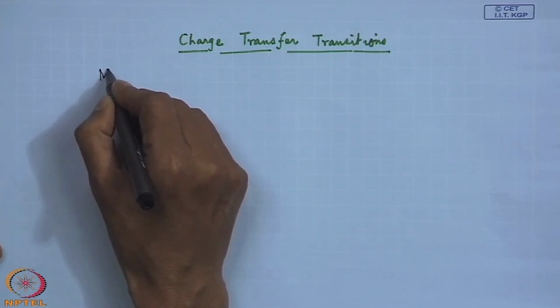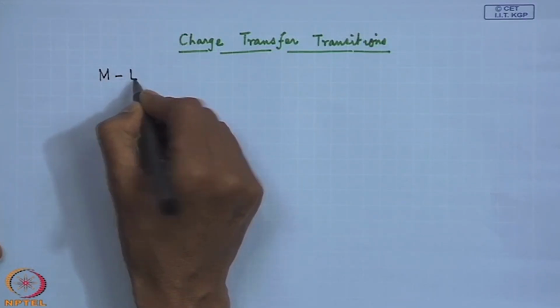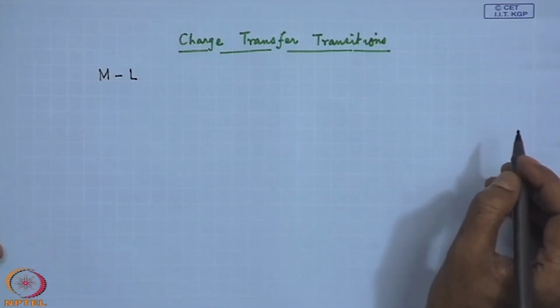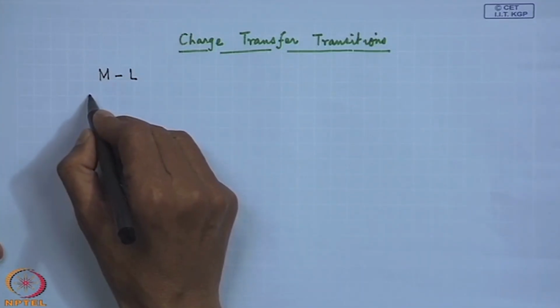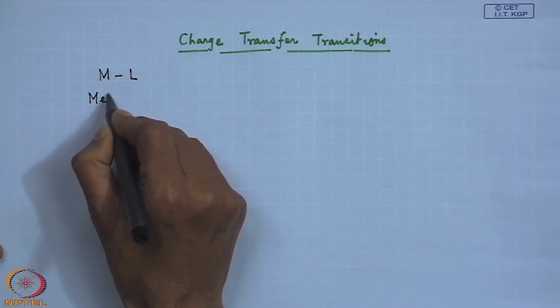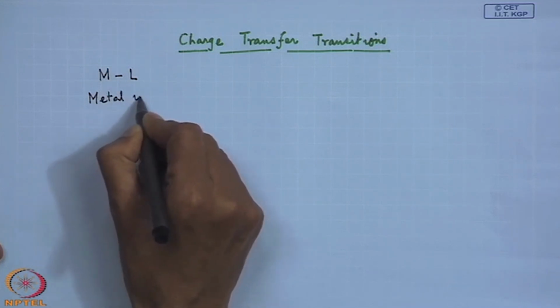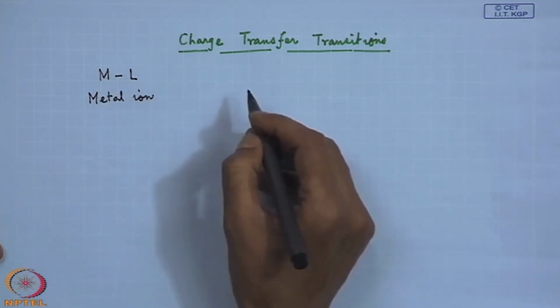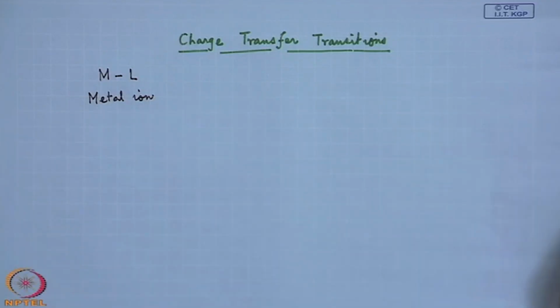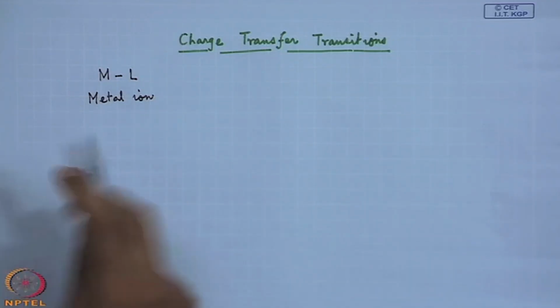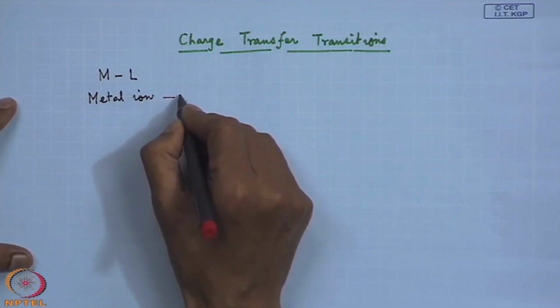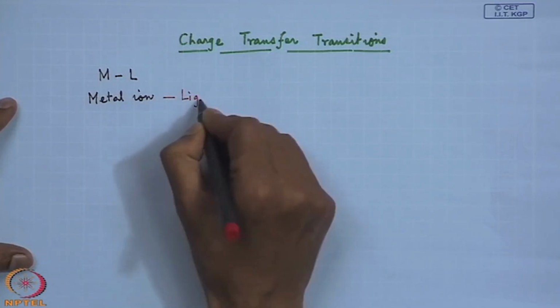Whenever we have a metal ligand system, in most of these complexes we have the metal ion at the center and different ligands surrounding this metal ion.